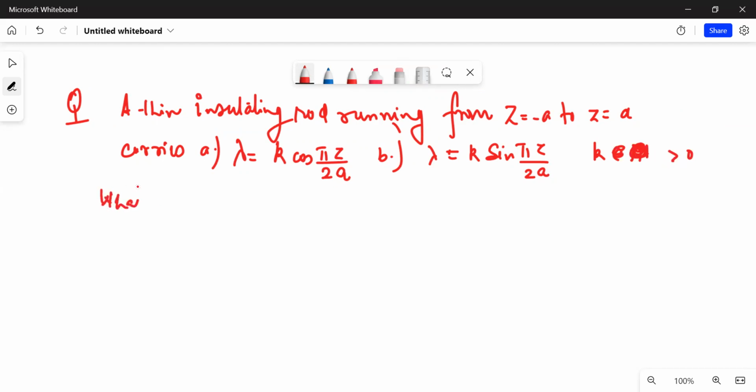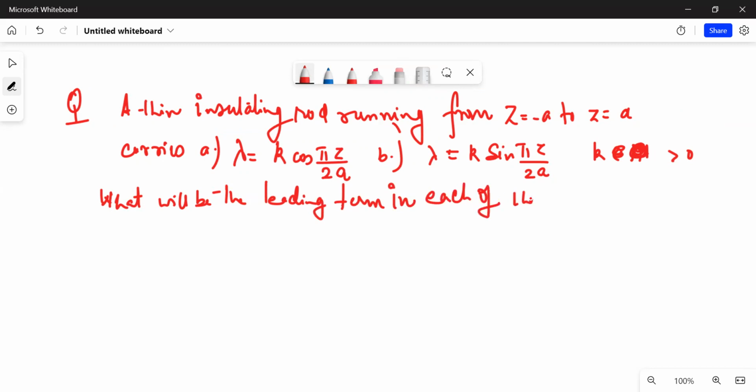What would be the leading term in each of these cases? Okay, तो इन दोनों में लीडिंग टर्म क्या होगा वो दोनों केसेस में? लेट अस ट्राई टू फाइंड इट.